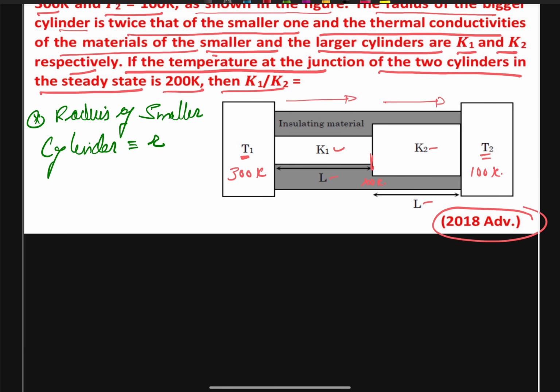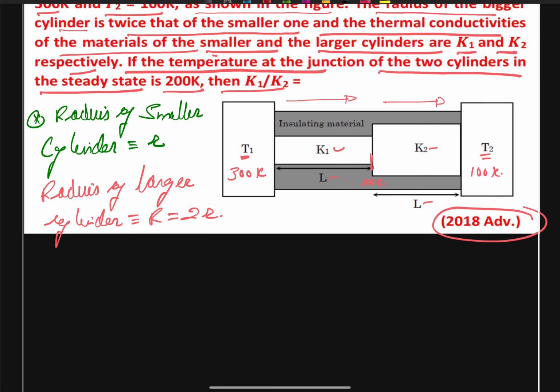So radius of our larger cylinder, let us suppose that is our capital R, which will be equal to twice of small r.